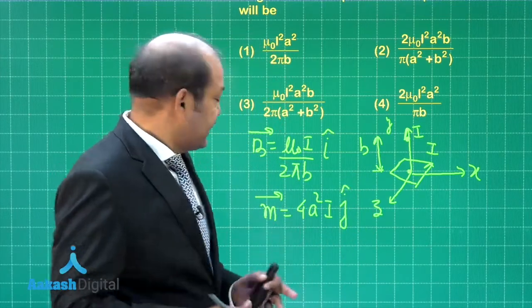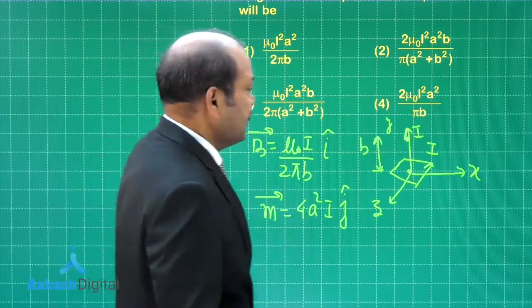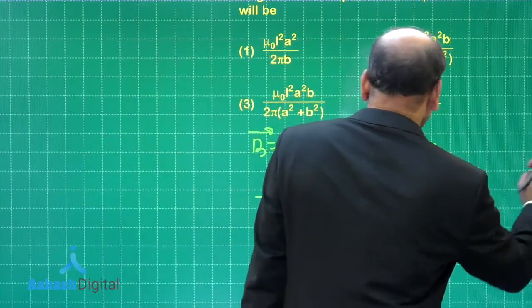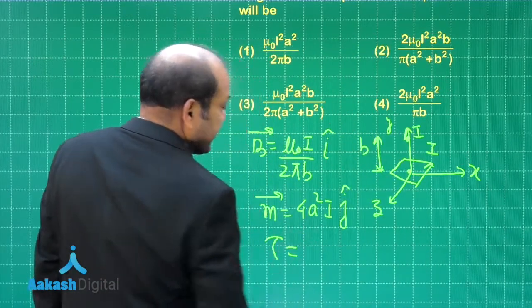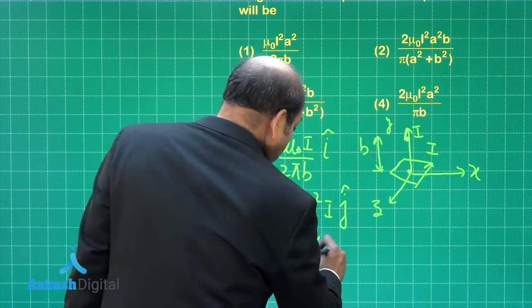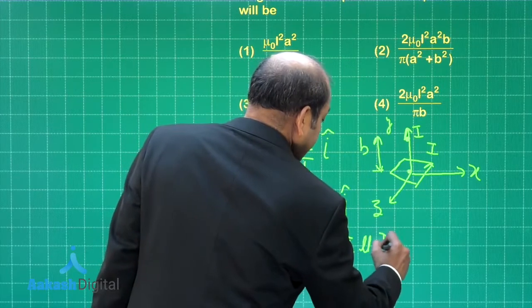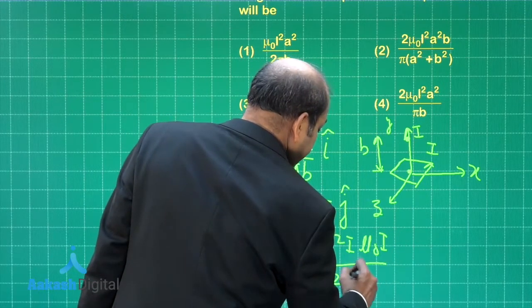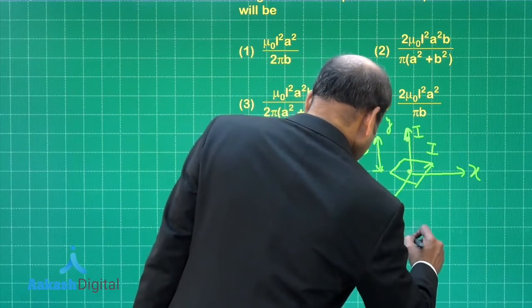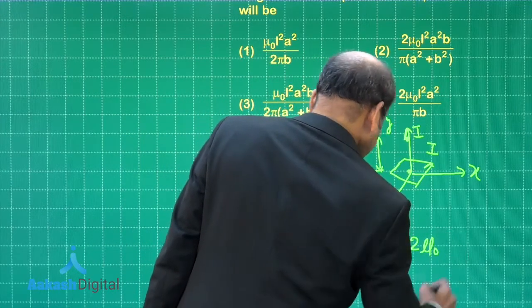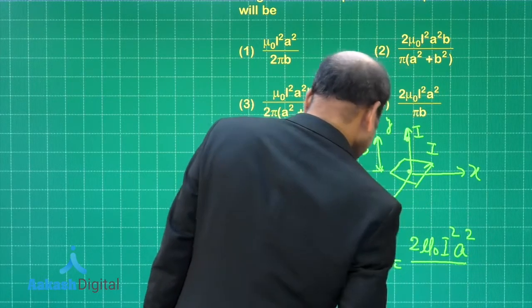The torque is m cross B. Since the two vectors are mutually perpendicular, the magnitude of torque is simply the product of these two quantities, which is 4a square I into mu naught I divided by 2 pi B, which further simplifies to 2 mu naught I square a square divided by pi B.